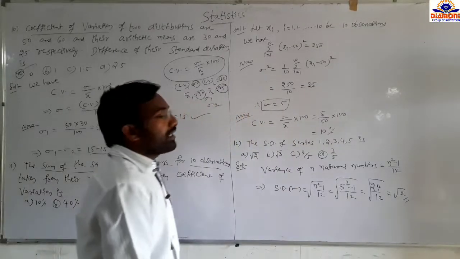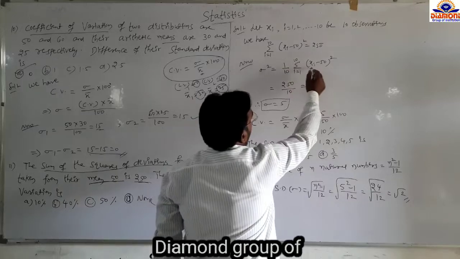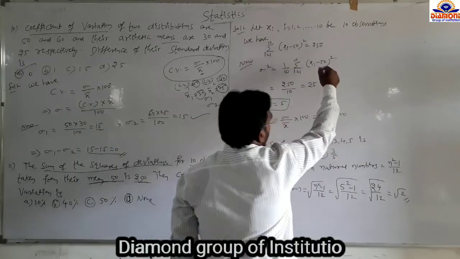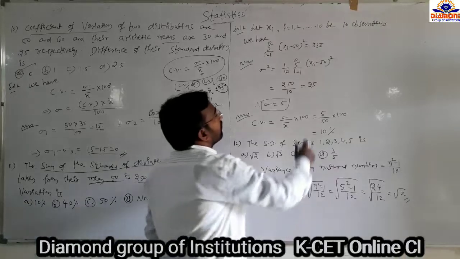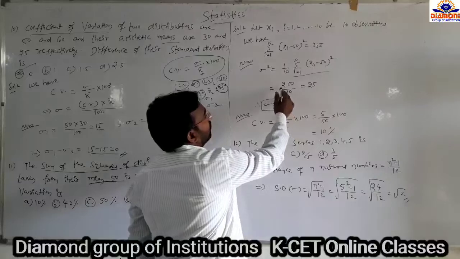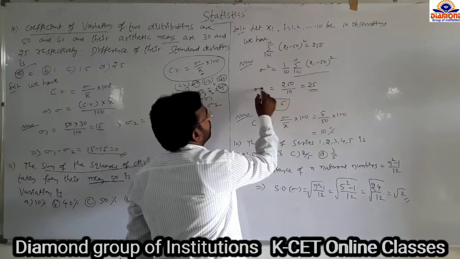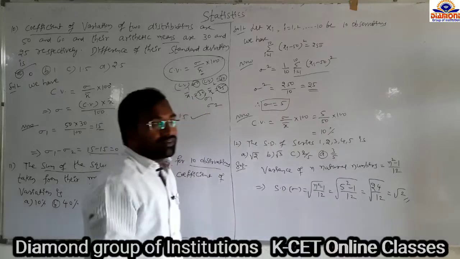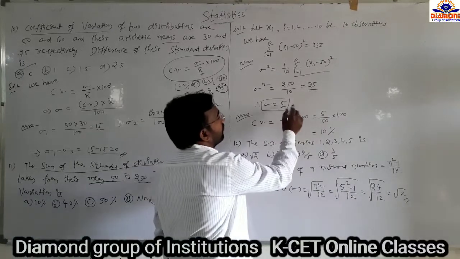We have the variance sigma square equals 1 by 10 summation i equals 1 to 10 of xi minus 50 whole square, that is, xi minus x bar whole square. This value is already given as 250, so 250 by 10 equals 25. This is the sigma square value, the variance. But we need the standard deviation, so sigma equals 5.